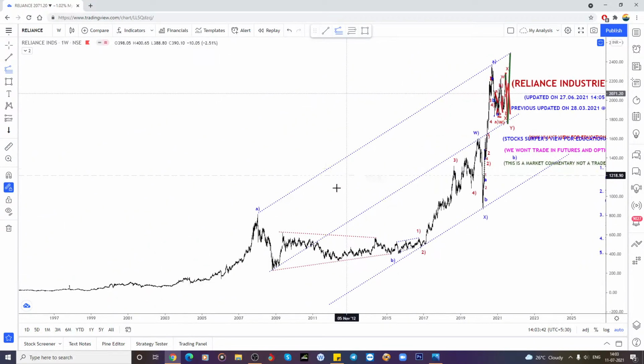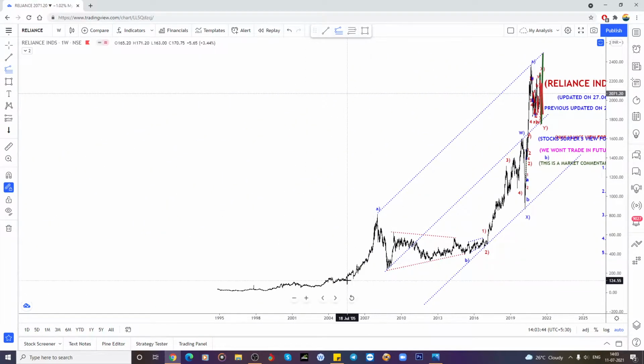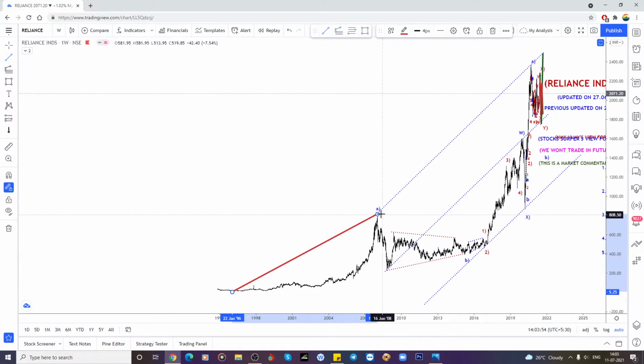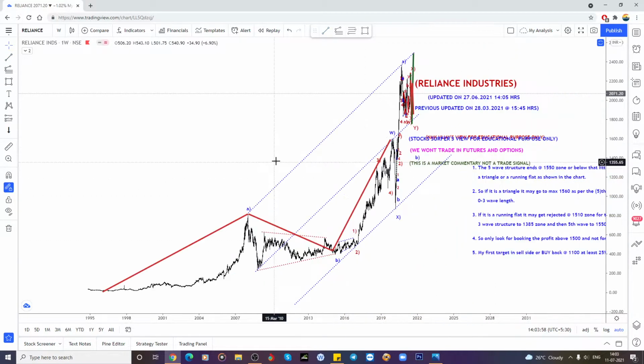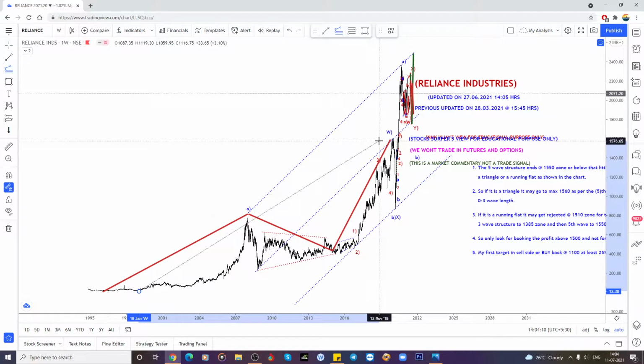So what my doubt is whether this A, B, C is A, then that's B, and C means this whole thing becomes a flat correction. A, B, C is A. After that, if I mark this as a W, this could be A, B, C is A. So A, B, C is a B. Then that is too dangerous, what we expected.